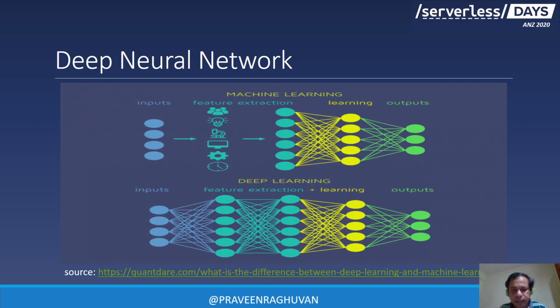Whereas in deep learning, these features, what we call tire or steering or headlight, are all automated. These are all analyzed by the network itself and fed into the network for further learning or classification. So this is a basic difference between a deep neural network and machine learning.